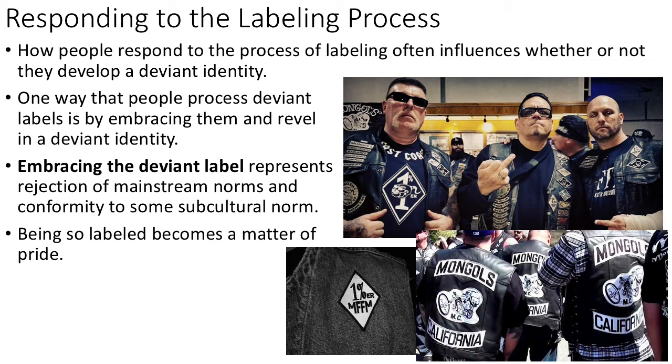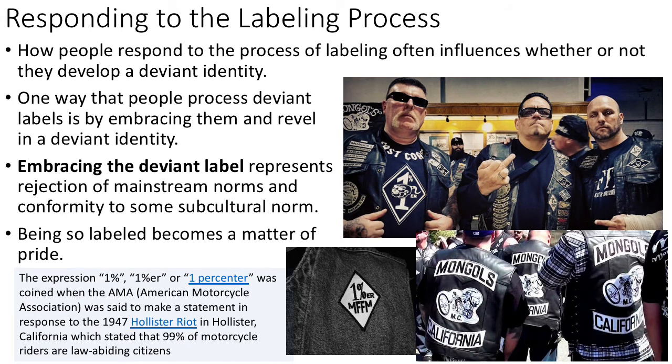So being labeled in this way becomes a matter of pride. This patch that says 1%er is an expression of pride in being labeled as, actually, a criminal. So I have here, what does this 1%er label mean? Well, the expression 1%er was coined by the American Motorcycle Association in response to the 1947 Hollister riot that took place in Hollister, California.